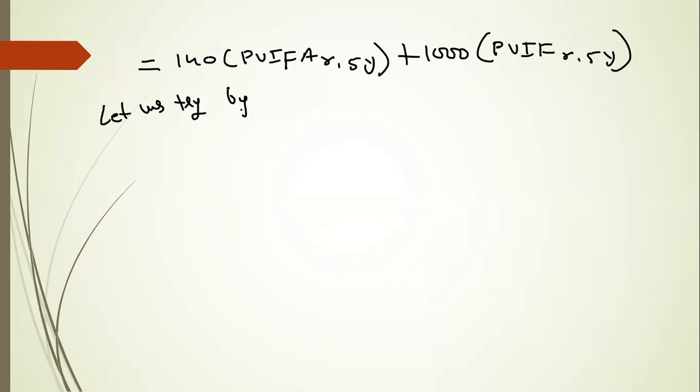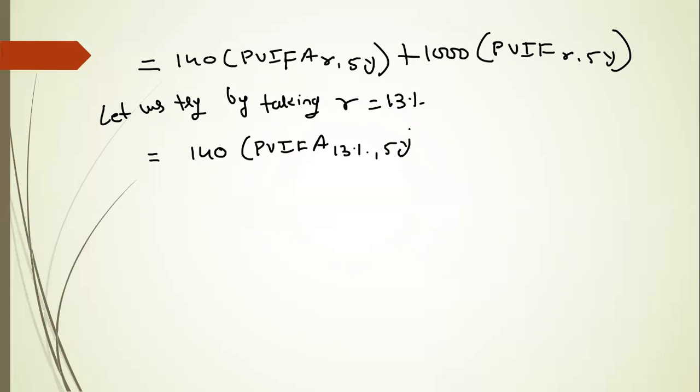So first let us try taking R equal to 13%. I will put it in the formula: 140 into the present value interest factor annuity 13% for 5 years, plus 1000 into the present value interest factor 13% for 5 years.